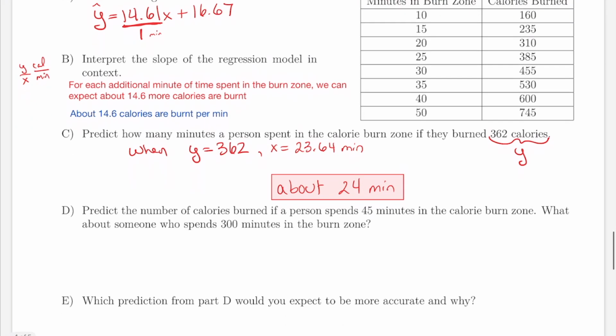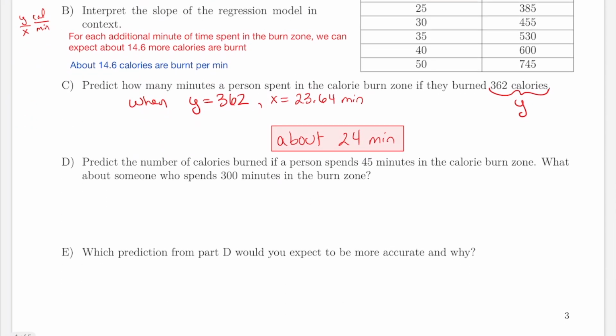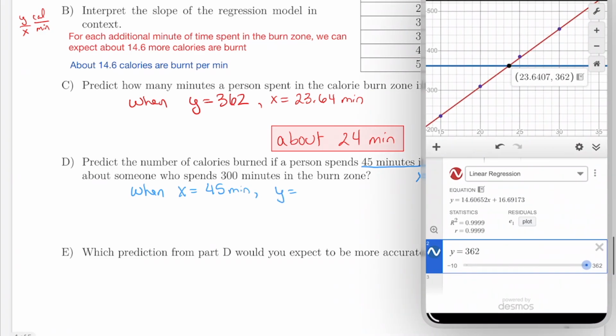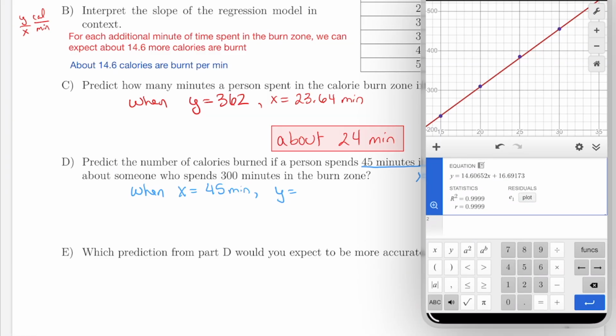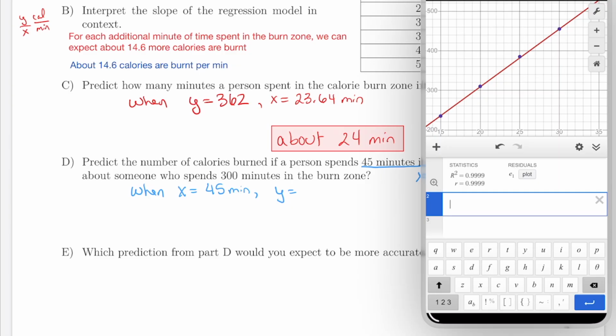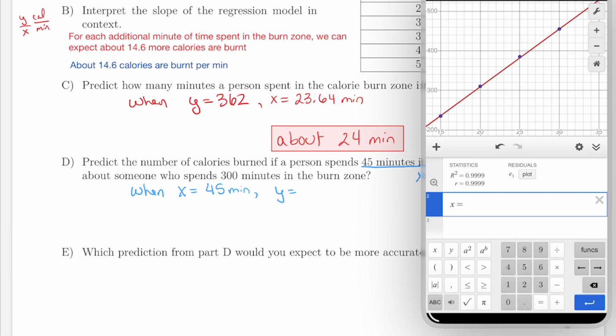Next, we're going to predict the number of calories burnt if a person spends 45 minutes in the burn zone. So 45 minutes, that's x equals 45, right? So when x equals 45 minutes, y is going to equal, well, let's find out. First, I'll get rid of that. And then we'll say x equals 45.